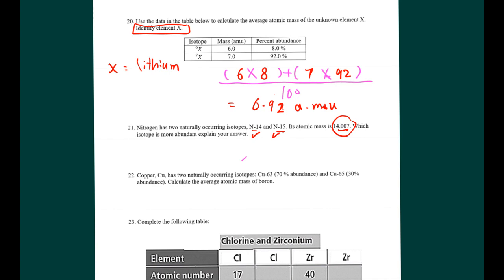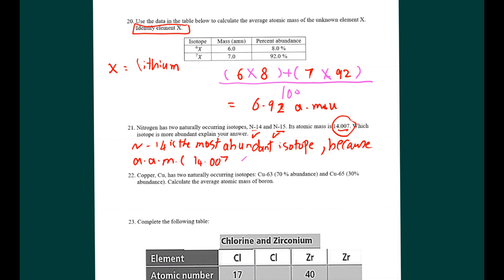This means that the isotope N14 is the most abundant, and it is because the average atomic mass, which is 14.007, okay, is very close to N14 than to N15.